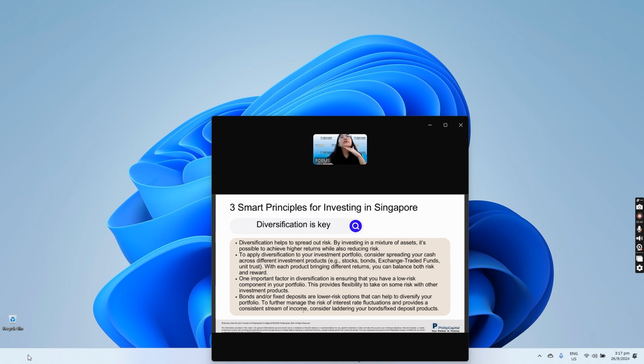Okay, so here you can also consider some bonds or fixed deposit products, or here in Philips actually we also do insurance. Then insurance companies actually also have products similar to fixed deposits. The name is single premium product.